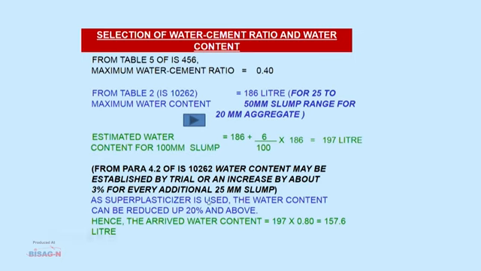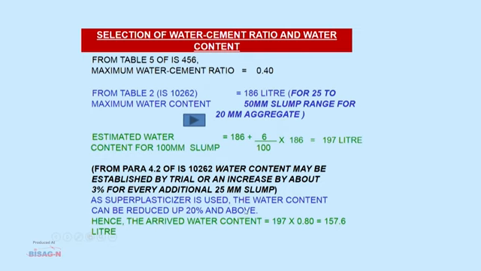From para 4.2 of the code, we came to know that for every increase in slump by 25 mm, we have to increase the water by 3%. So, here we have chosen the slump requirement as 100 mm. So, we have to increase the water content by 6%. So, the estimated quantity of water comes out to 197 liter.